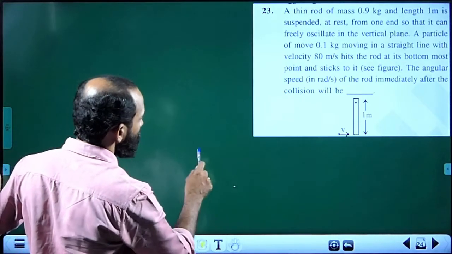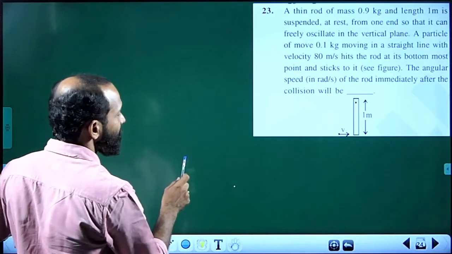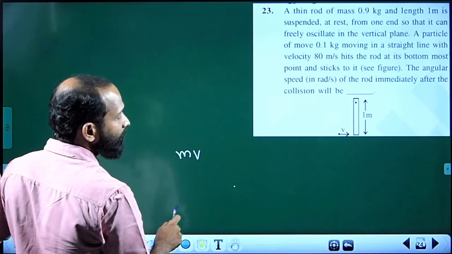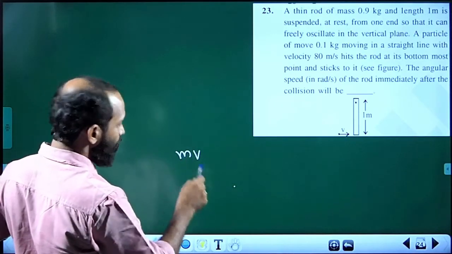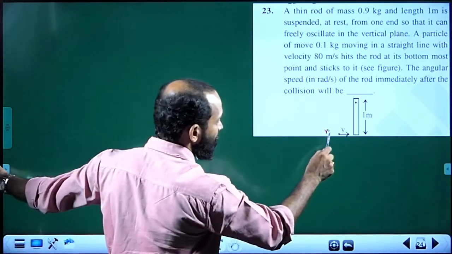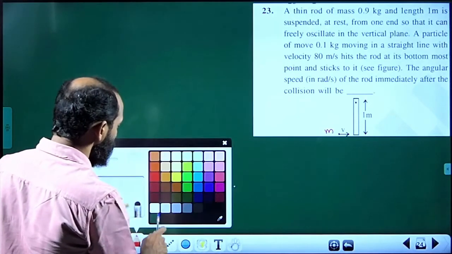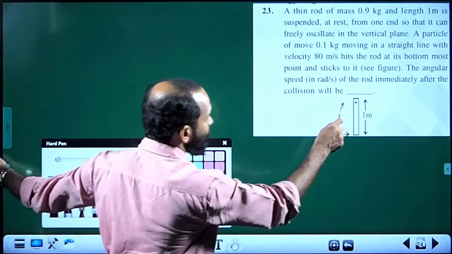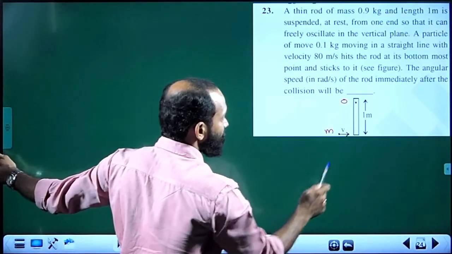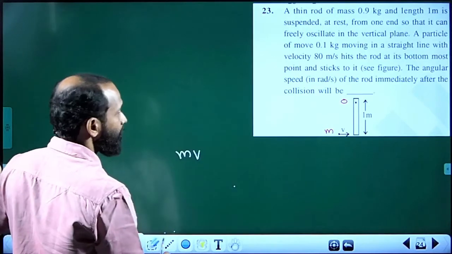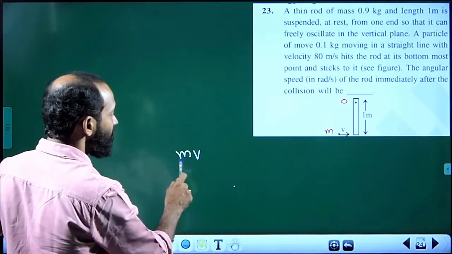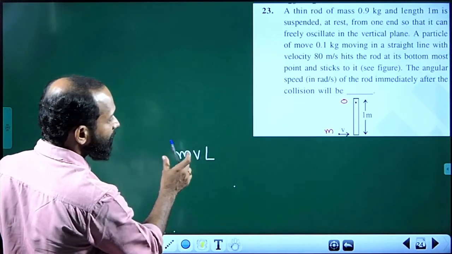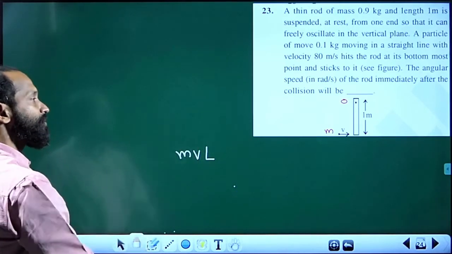So the initial angular momentum of the system will be the moment of linear momentum. Say the mass of the particle is small m, its linear momentum is mv, then the angular momentum about the point of suspension O will be linear momentum times the perpendicular distance, that is L. So mvL is the angular momentum just before collision.